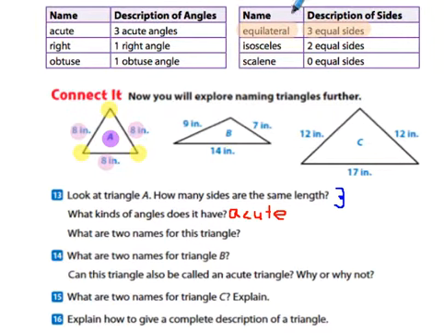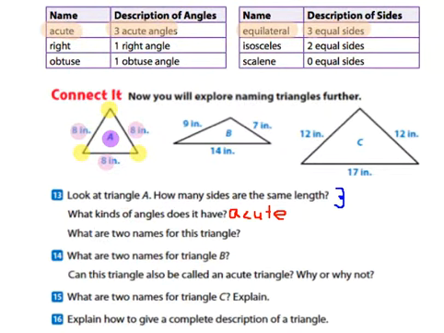All right, so that's one name. Now, what kind of angles does it have? All 3 of these angles were acute. So what do we know about a triangle that has all acute angles? There were 3 angles, all 3 were acute. 3 acute angles, it's an acute triangle.